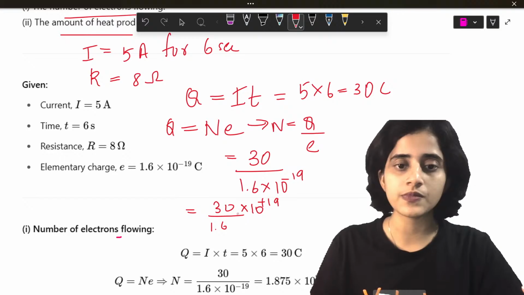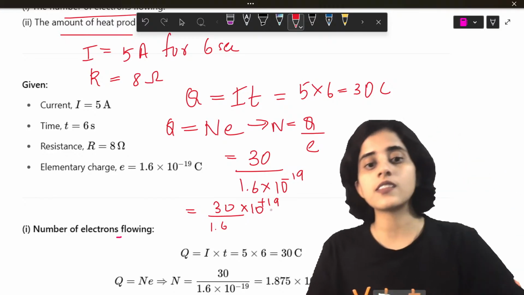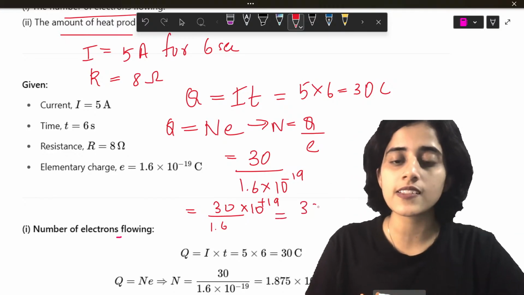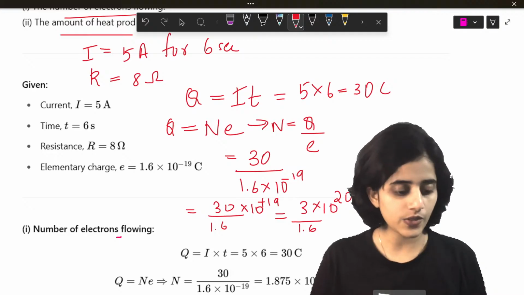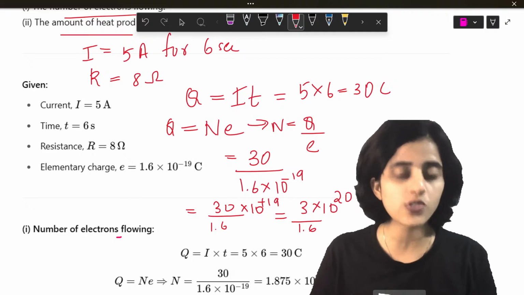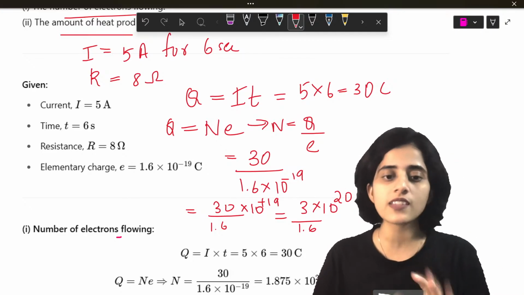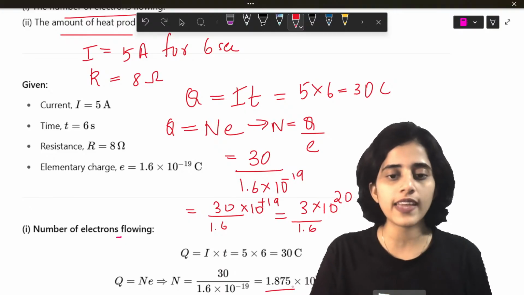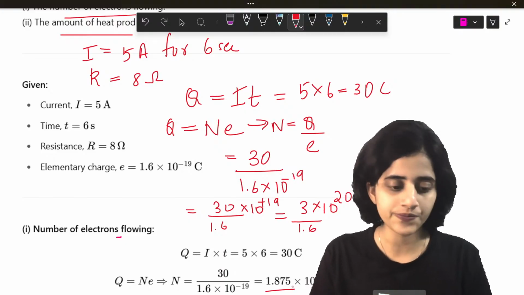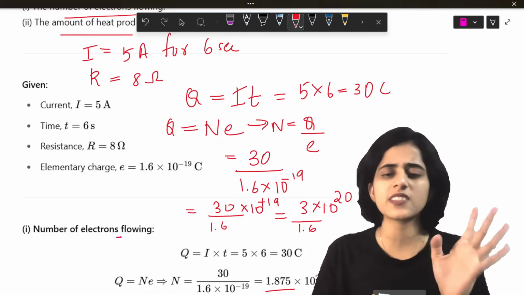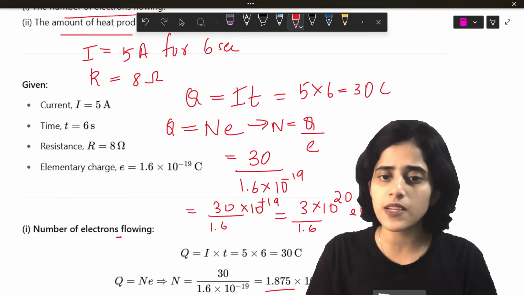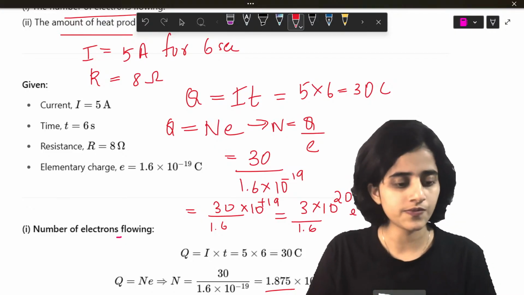Now 30 also has a 0, so I can write it as 3 into 10 raised to 20, the whole divided by 1.6. If you just solve 3 by 1.6, you will get 1.875, which is the answer. I hope you're all getting it. You should get it because it's just mathematics. So these many electrons.